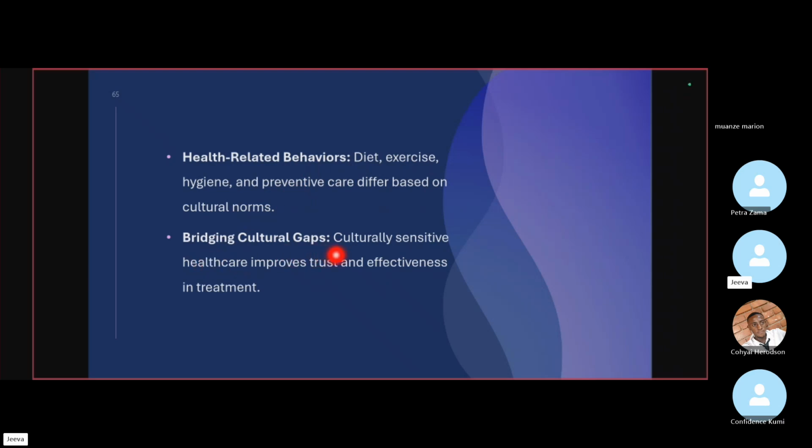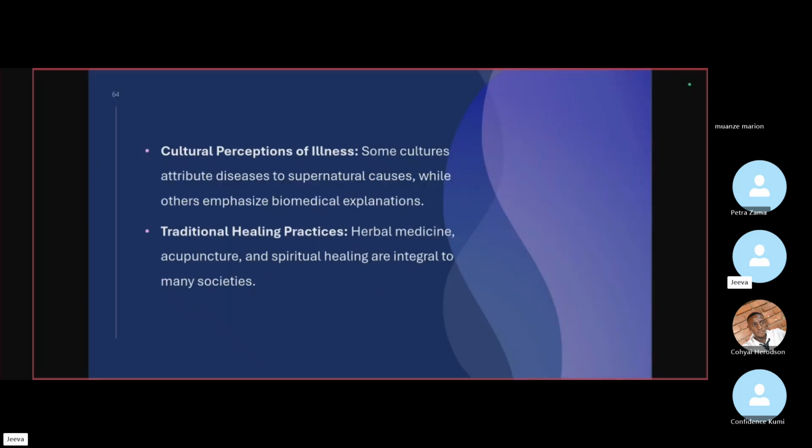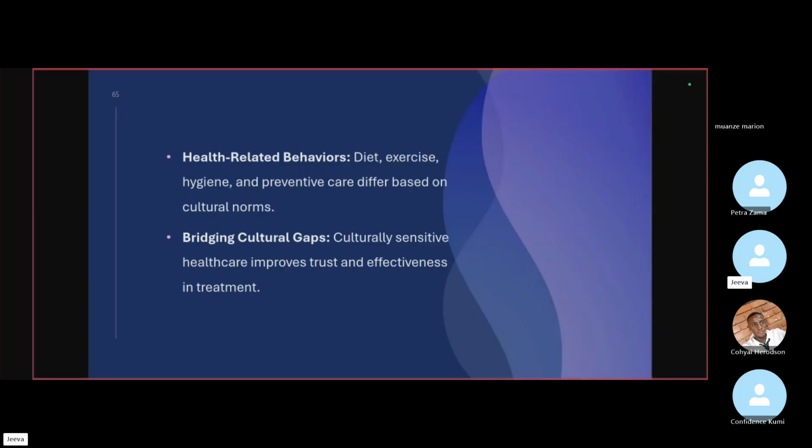Then bridging culture gaps. Culture-sensitive behaviors will improve trust and effectiveness in treatment. So being a medical professional, you should bridge the cultural gaps. You should teach them what the requirement of the healthcare system is, make them trust the healthcare system, and show them effective treatment. So these are the various cultural differences and perceptions people have.